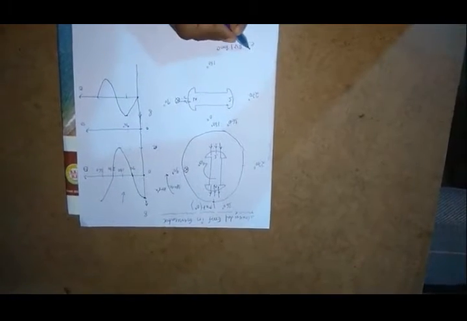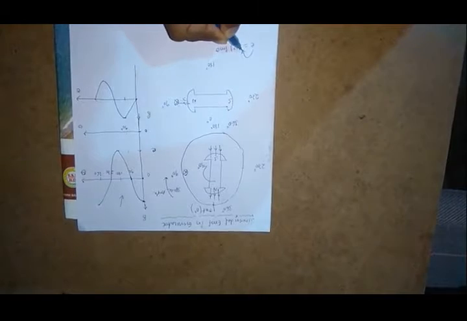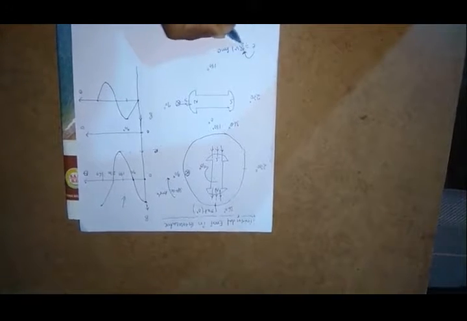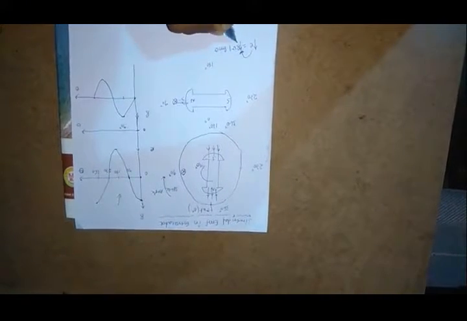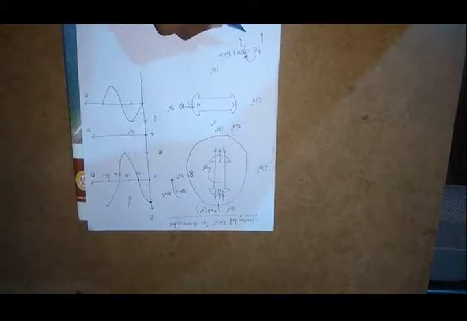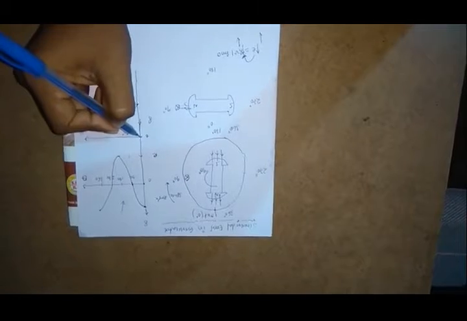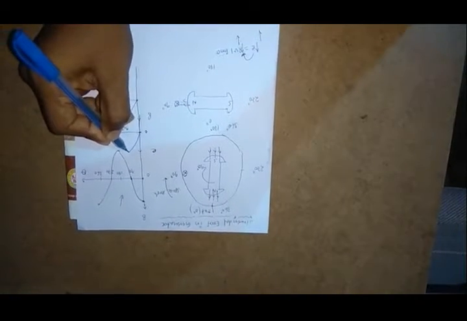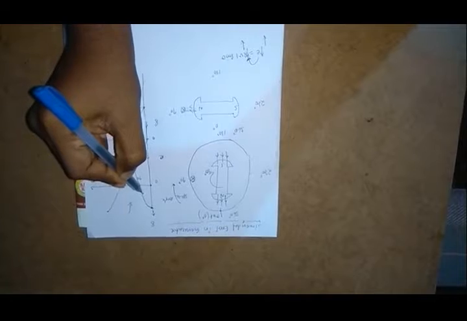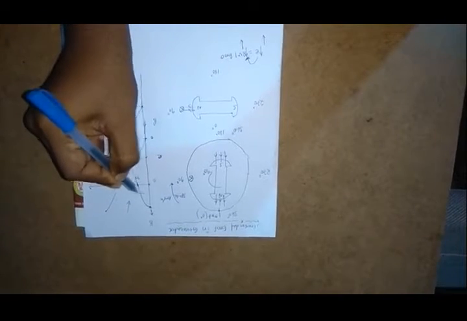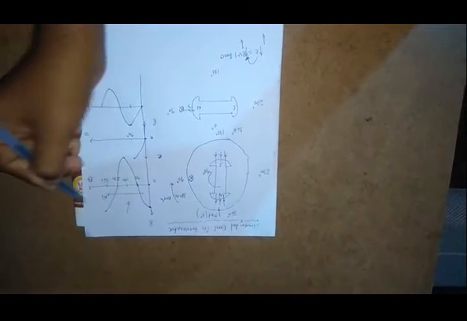That means E depends upon B, the flux density. If this is more, this will be more. If this is less, this will be less. In this way, these two are related. Again, it will be traced like this at 90 degrees. That means this flux density graph is moving with synchronous speed ns with respect to time.